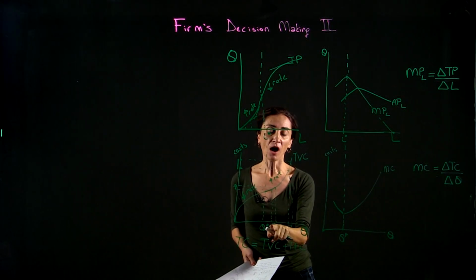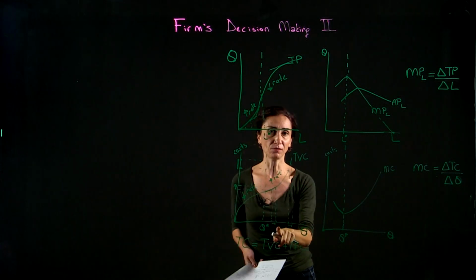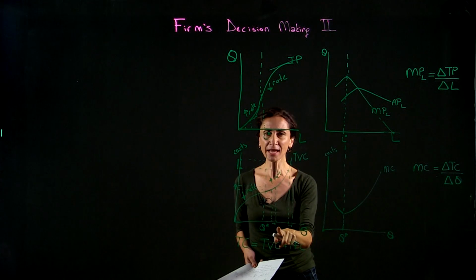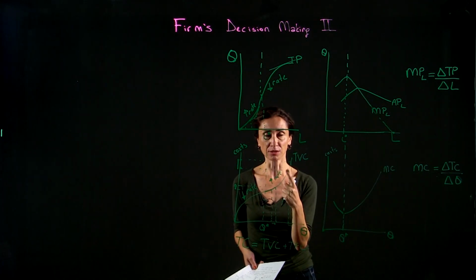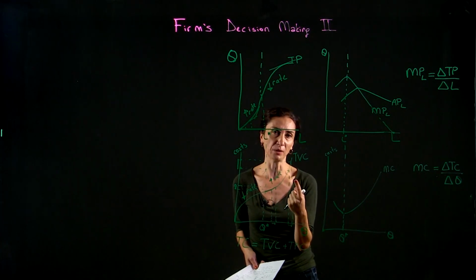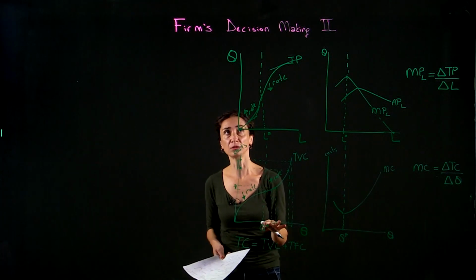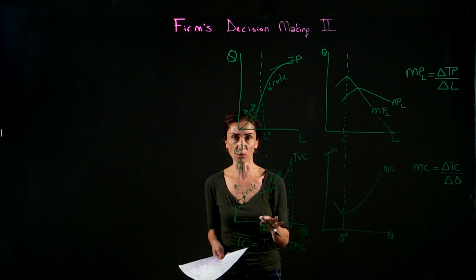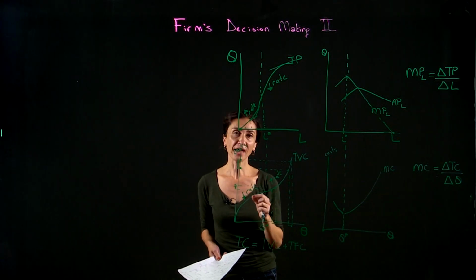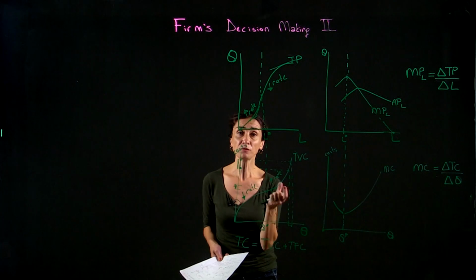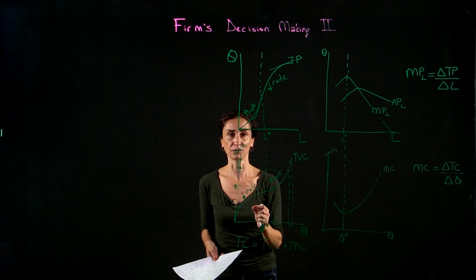Here, I'm employing one more labor. Instead of 10, I have 11 workers. That additional labor, one more worker, costs me the same amount of money, because at least in this course and in most of our economic analysis in the introductory courses, for the firm, the wage, the price of labor, or the price of capital, they are constant, they are given, okay?